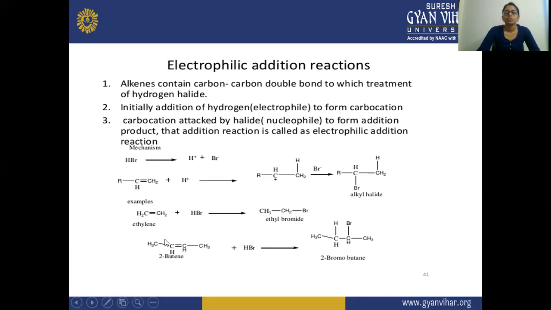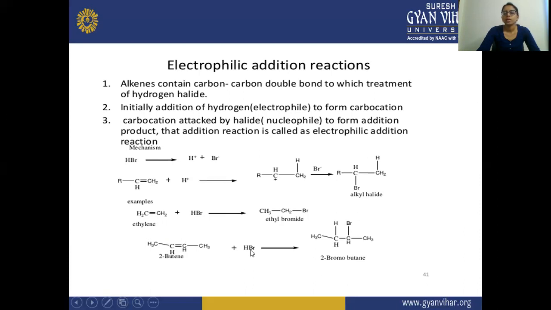The second example is 2-butene: CH3, CH, CH, CH3. It is 2-butene because the double bond is present at the second position. Its reaction is with HBr.